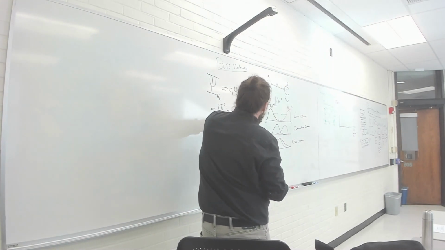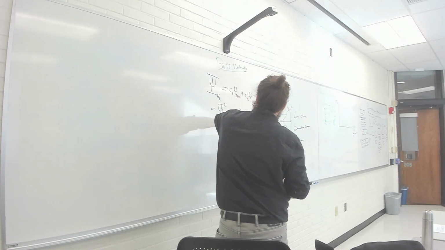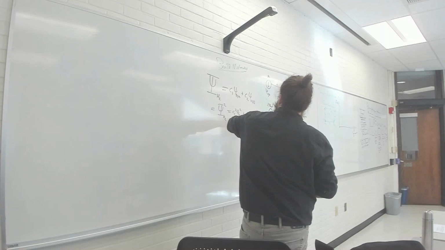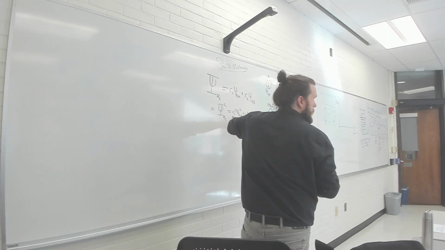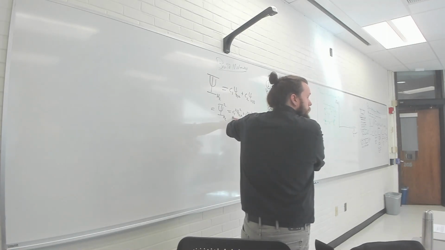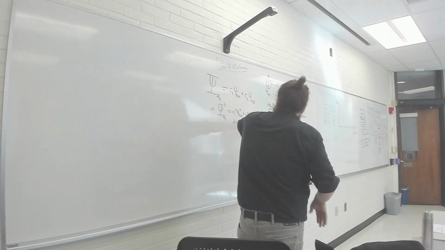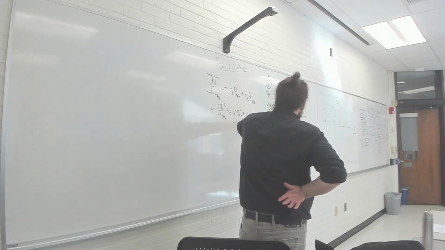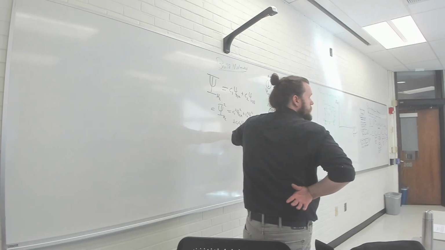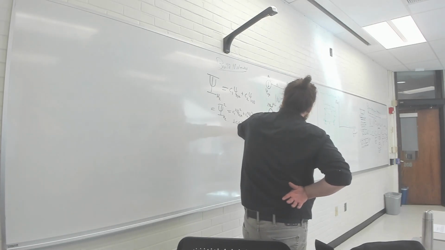So there's a part that looks a lot like the wave function of the lone electron on A, a part that looks a lot like the lone electron on B, and now there's a cross term that's proportional to the product of these two wave functions.